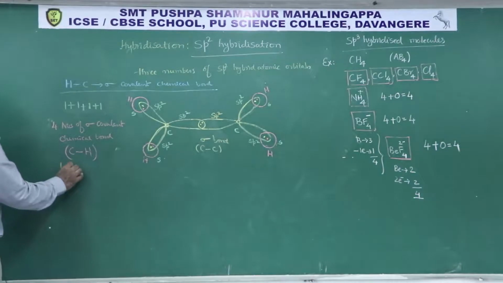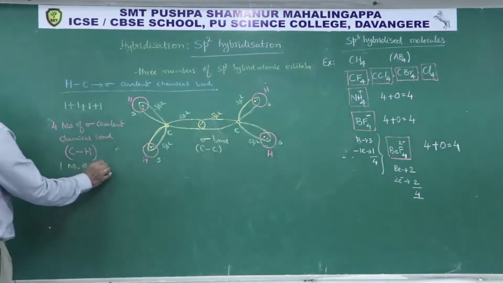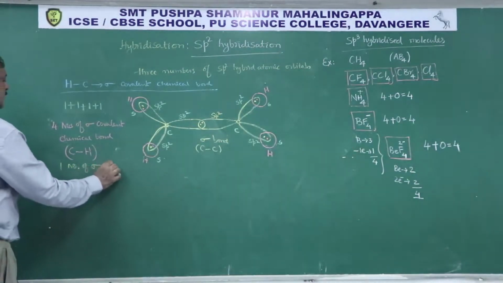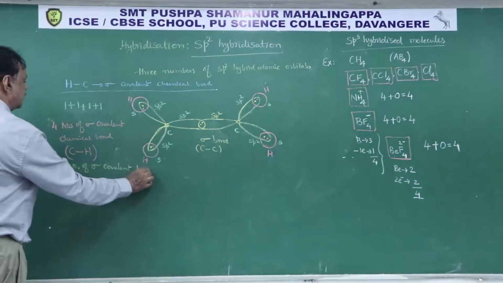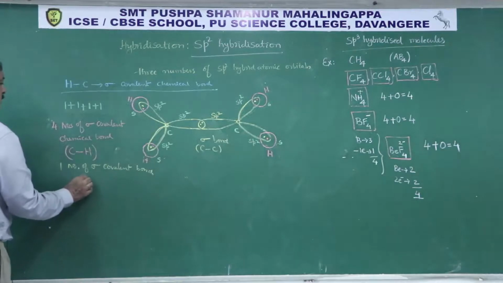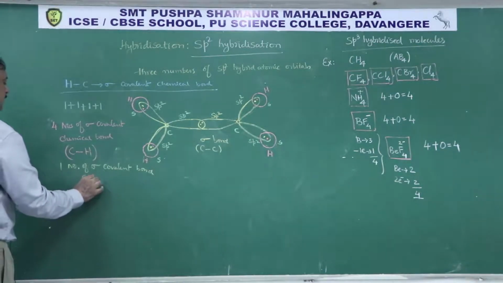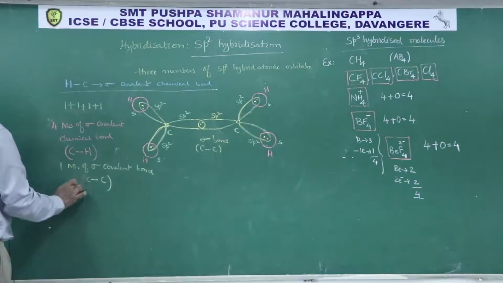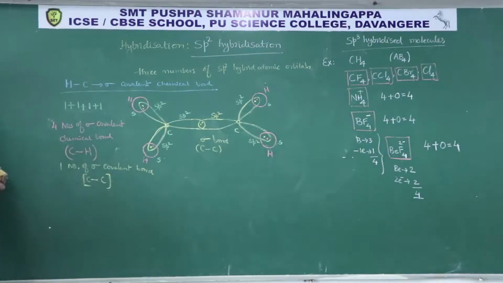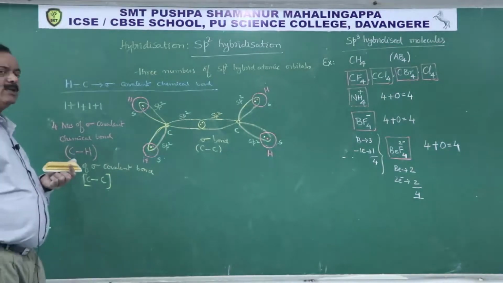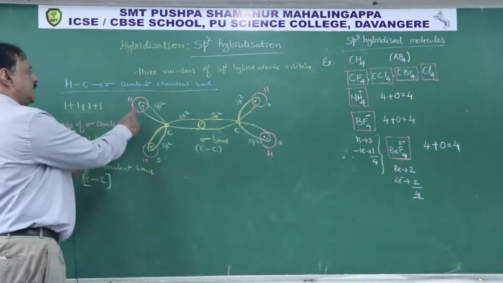One sigma bond, that is a sigma covalent chemical bond, is the most precise term. This is a carbon-carbon sigma covalent chemical bond. How many bonds are there? Totally we have five covalent chemical bonds.